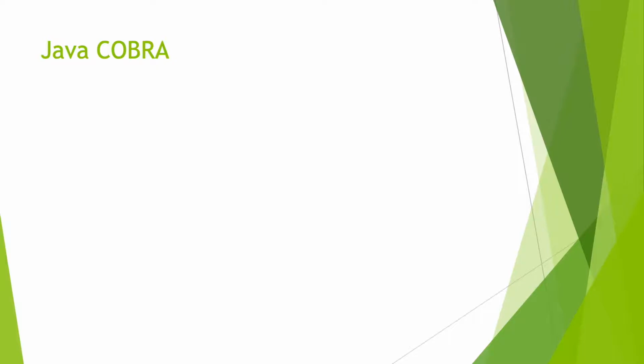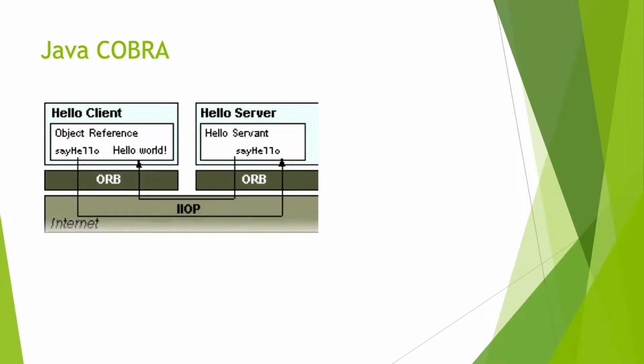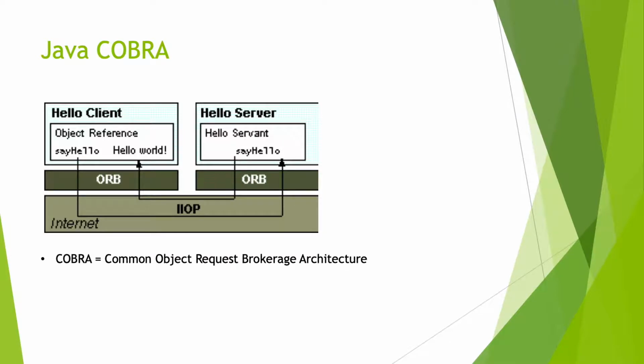Okay, so next I'm also going to introduce another RPC solution that is called Java CORBA. This is also a very old technology, and CORBA stands for Common Object Request Broker Architecture. It was developed by Sun Microsystems, and now it's an Oracle thing. ORB here stands for Object Request Broker. The client program and the server-side program work on top of the Object Request Broker.